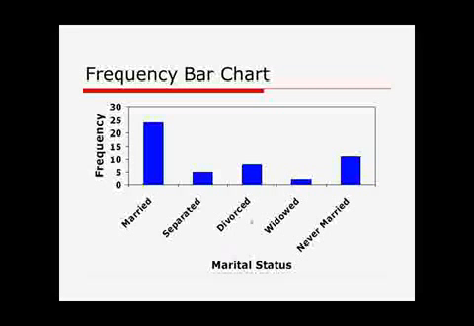You don't want to run the bars together, because when you run them together, that gives the impression of a continuum, that one category runs into the next, and that's not the case here. And the y-axis, the vertical axis on the left-hand side, shows frequencies or counts. So it looks like about 25 people reported that they were married, maybe 5 were separated, 8 divorced, 2 widowed, and maybe 10 never married.